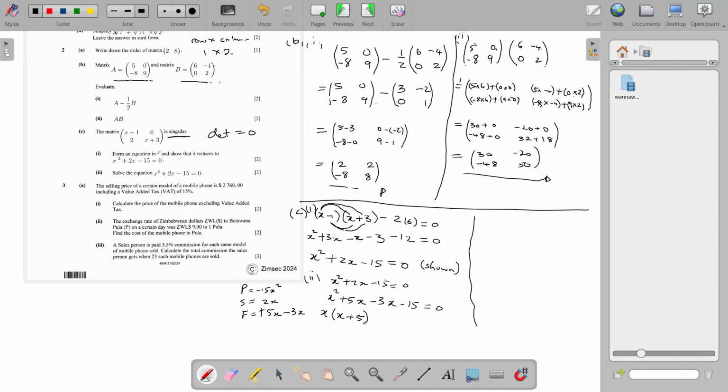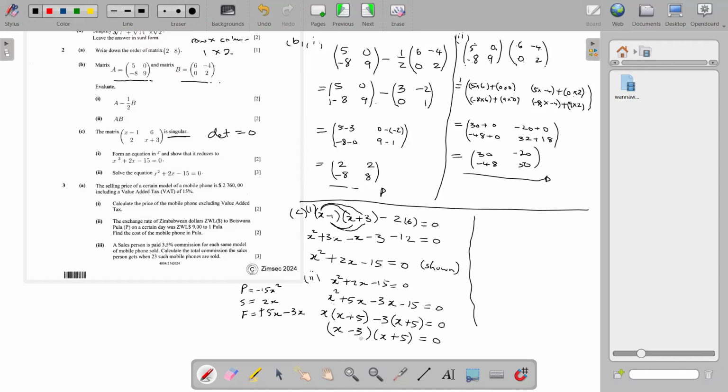For the last two terms, the common factor is minus 3, so we have minus 3 times x plus 5, equal to 0. Then our factors are x minus 3 and x plus 5 equal to 0.